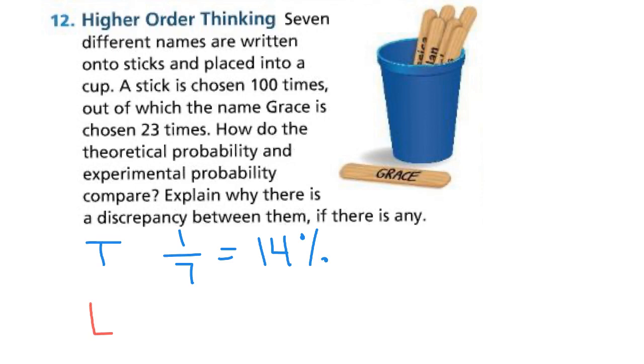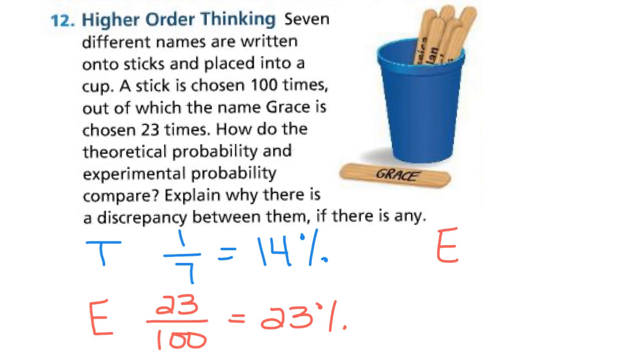Based on our experiment, her name was chosen 23 out of 100 times. That is about 23%. This is an obvious discrepancy because the experimental probability is a lot greater than the theoretical probability.